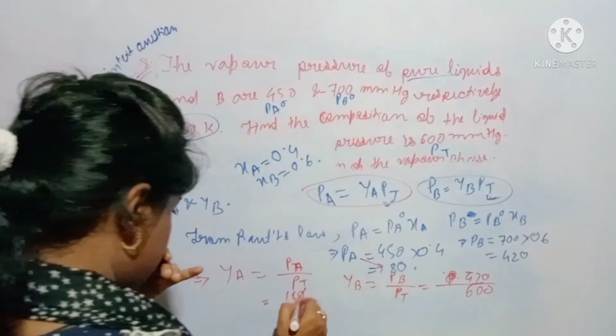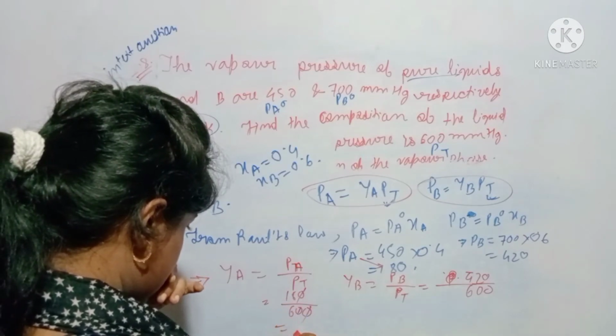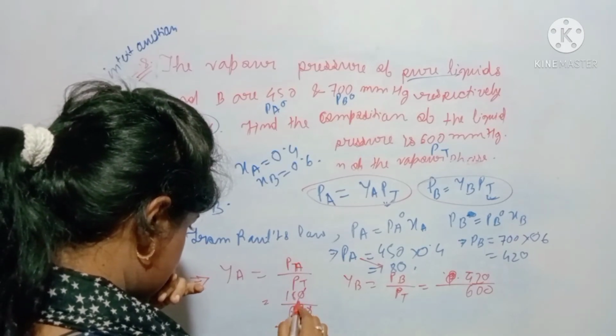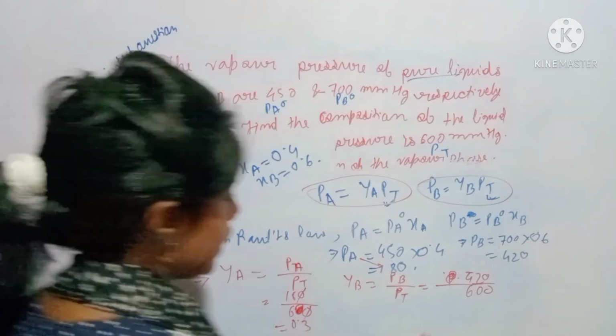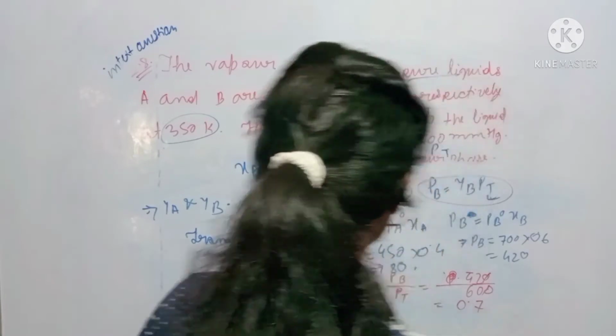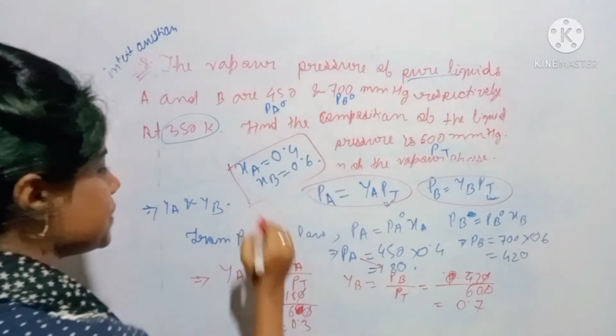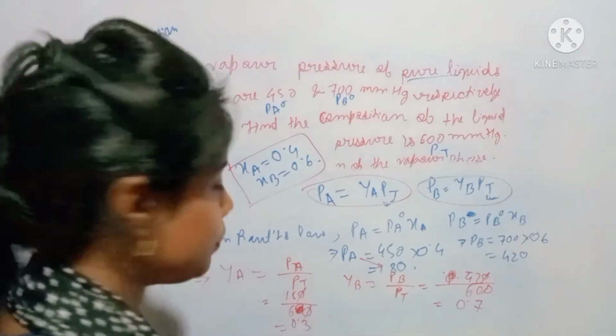If we calculate, it's 0.3, and it's 0.7. In this way we get the values of XA and XB as well as YA and YB too.